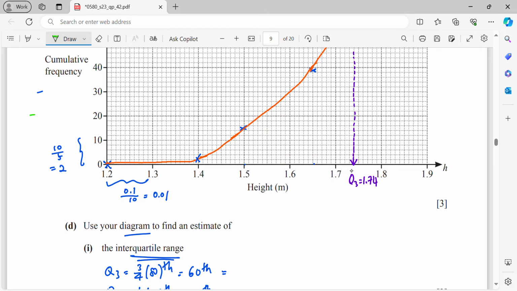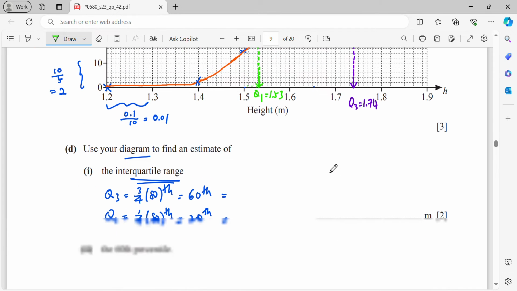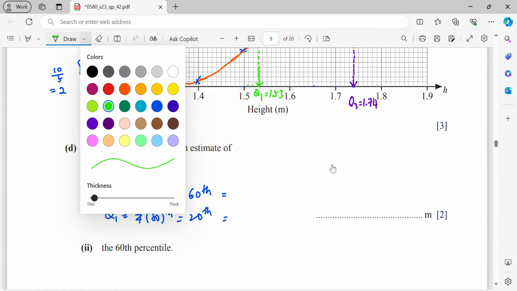So 20, right? Probably you can say it is in the middle, or probably I just take this value. Right, so this is Q1. So I will say that it is 51, 52, 53, 1.53. So it's all based on your drawing. Right, so now I will just minus both.